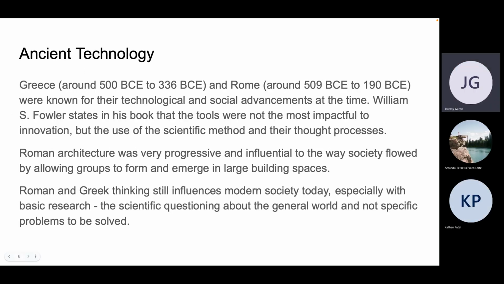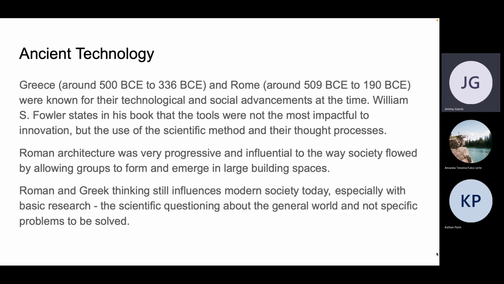The next one is ancient technology, and this was in Greece around 500 BCE to 336 BCE, and in Rome. They were known for their technological and social advancements at the time. William S. Fowler states in his book that the tools were not the most impactful to their innovation, but the use of the scientific method and their thought processes.